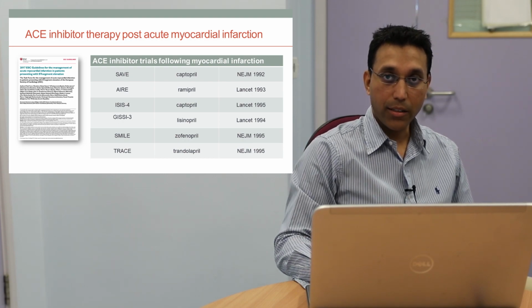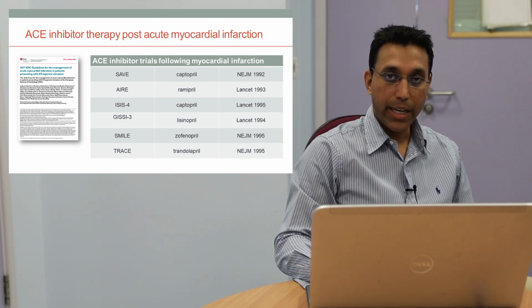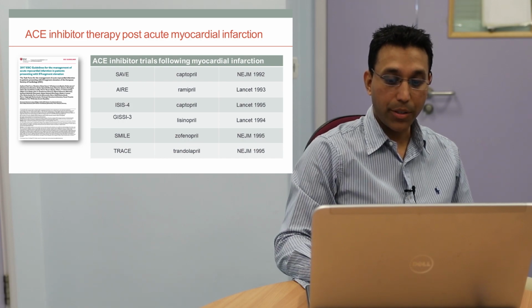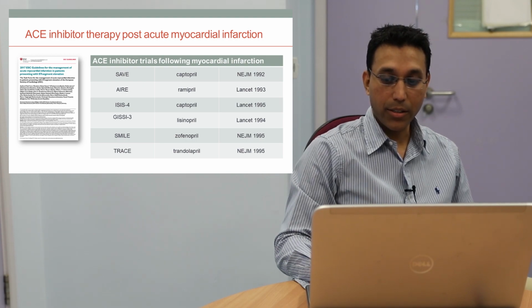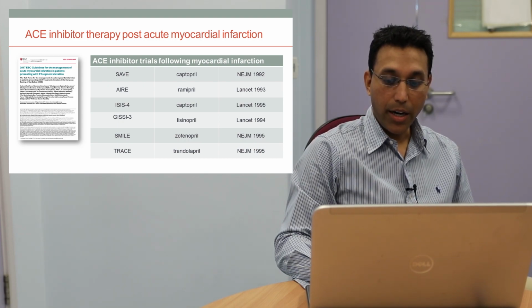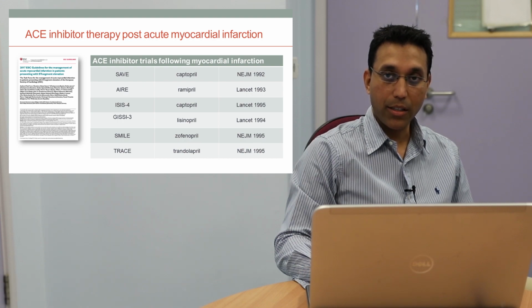The largest trial was ATLAS, and this compared low with high dose lisinopril and suggested that there may be a decrease in morbidity but not mortality with higher doses. The trial randomly assigned just over 3,000 patients to either low or high dose lisinopril and compared the low dose regime with the high dose. The high dose was associated with a non-significant 8% reduction in mortality.